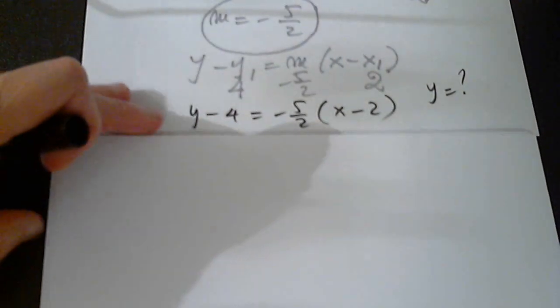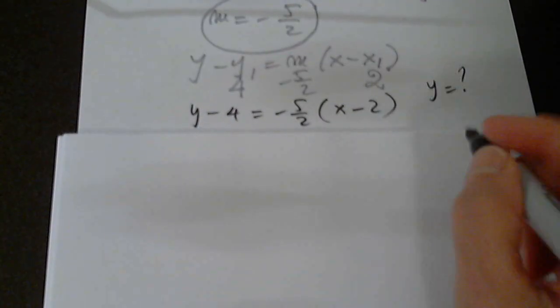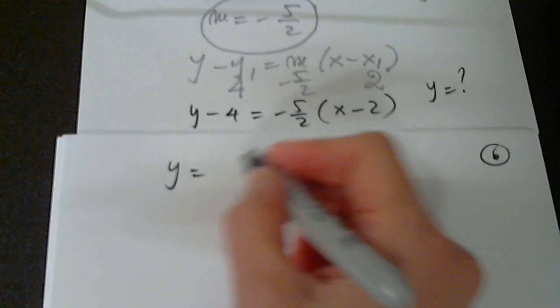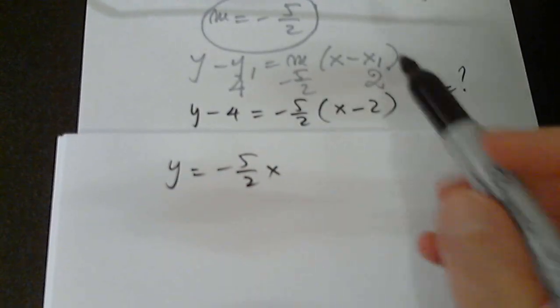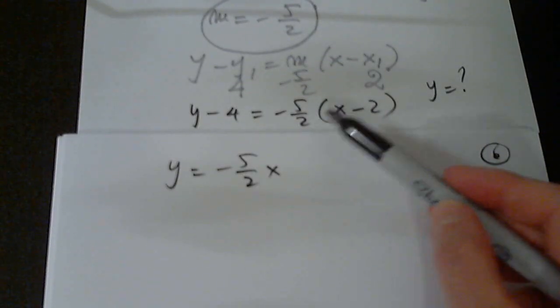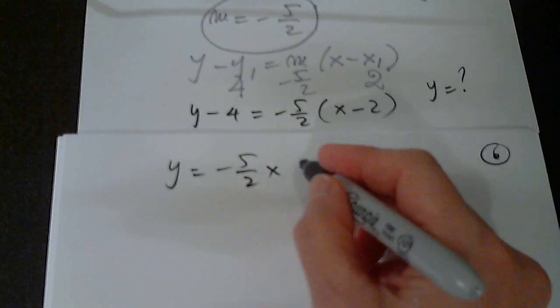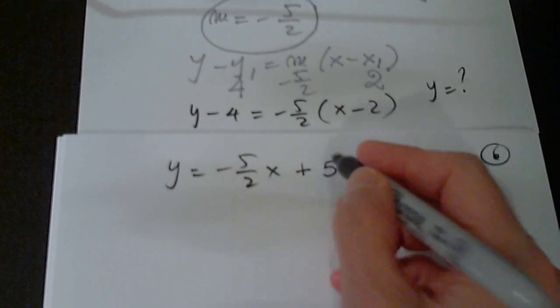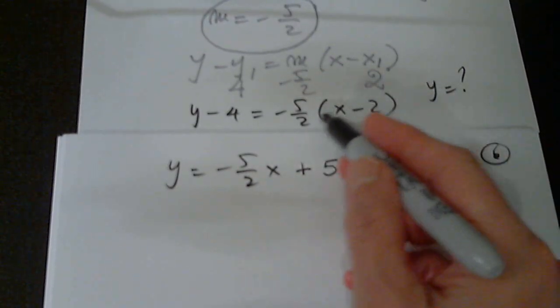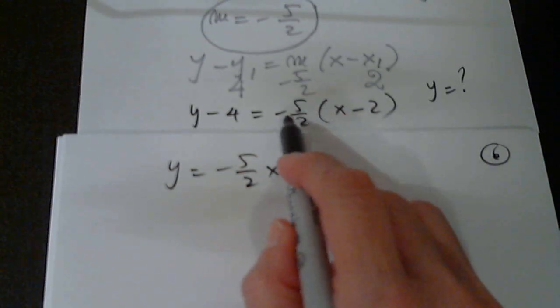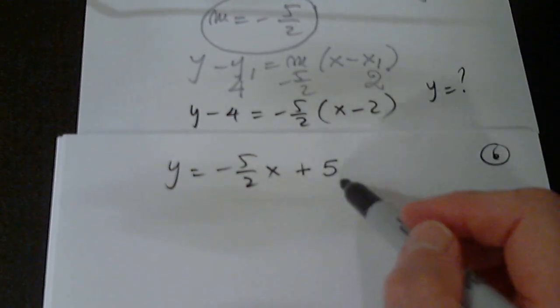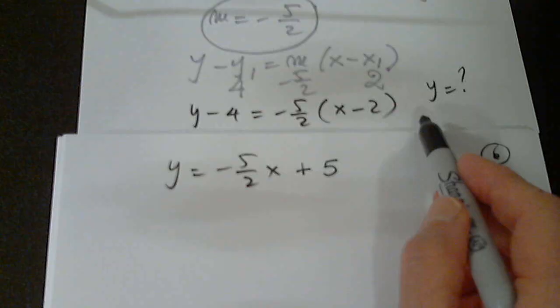So y equals negative 5/2 x. Negative 5 over 2 times negative 2 is a positive number, and it is 5, because you simplify the 2 with the 2. Negative times negative is positive. Simplify, you get 5. And I have to bring 4.